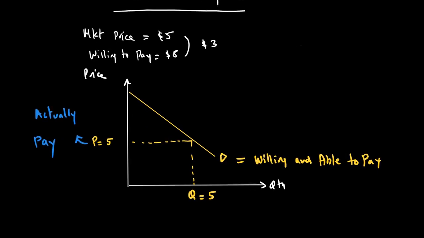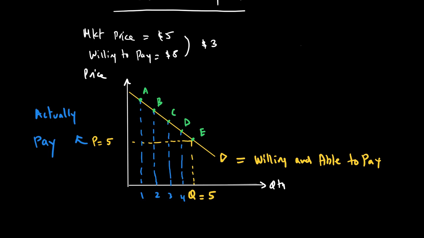For each unit, unit 1, unit 2, unit 3, and unit 4, I'm willing to pay much more, because all these points, A, B, C, D, and even E, tell me what I'm willing and able to pay.